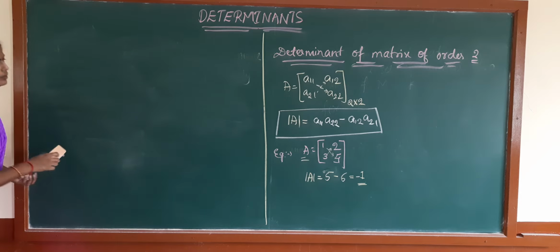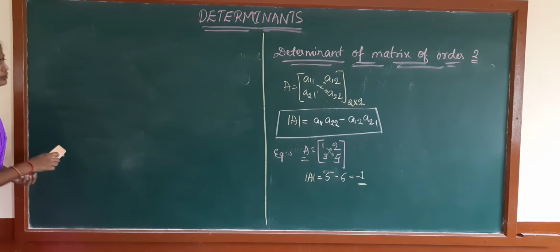Then we leave first row second column. What remains is A21, A23, A31, A33. So we write A21, A23, A31, A33.